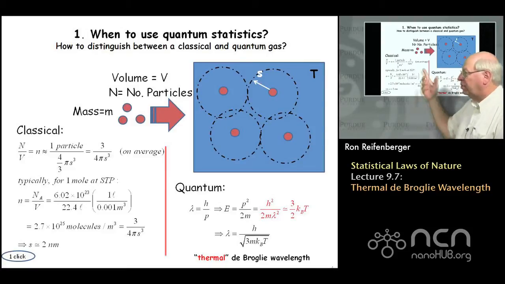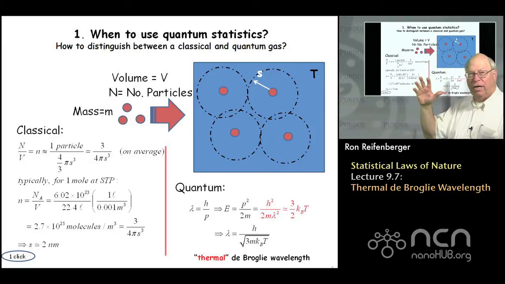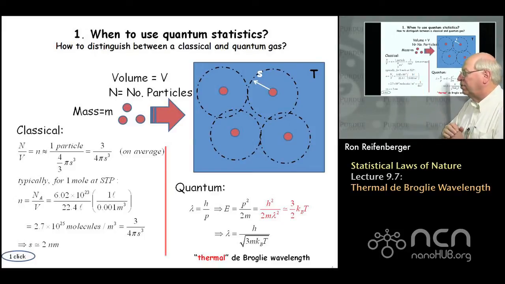To begin with, let's say we have N particles in a box at some temperature T. These particles are moving around, and in an average situation, there's basically a radius S that describes the nearest neighbor separation between particles. If you take this parameter S and multiply it by 2, 2S is then roughly the interparticle separation for the particles in this box.